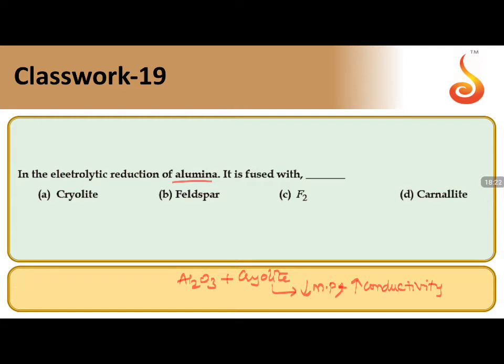We use cryolite, Na3AlF6. So this is going to be used in the process. Remaining all are not used. Carnallite is not used. Fluorine is not used. Feldspar is not used. Fluorspar can be used, but feldspar is not used in the process. So the answer, the electrolytic reduction can be done with the use of cryolite.